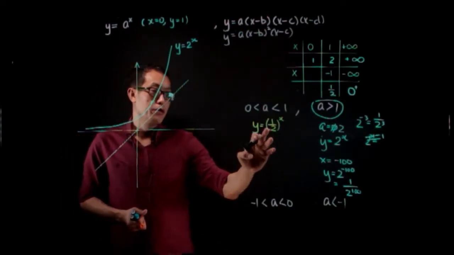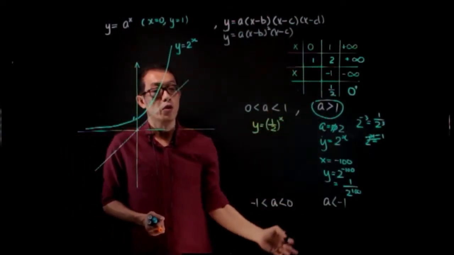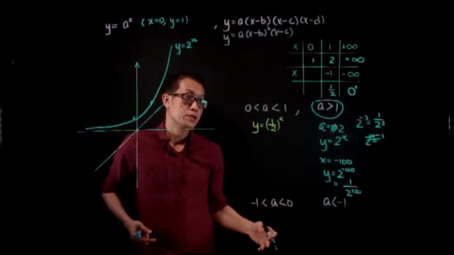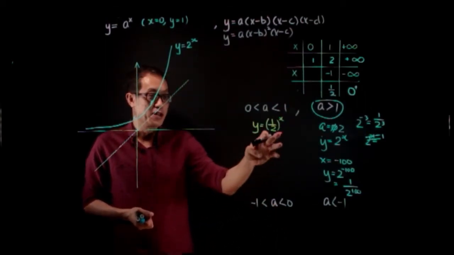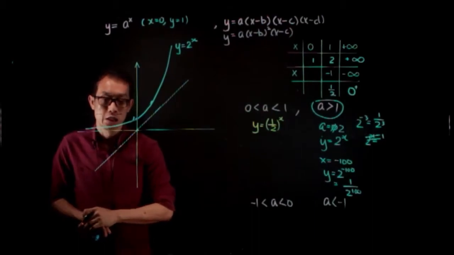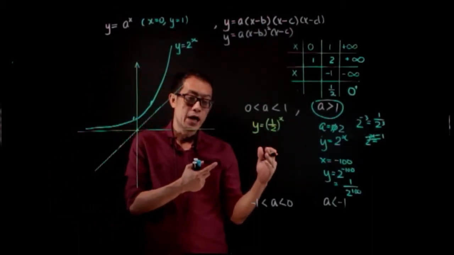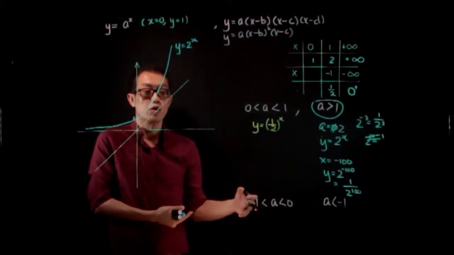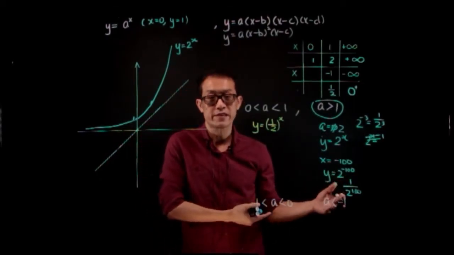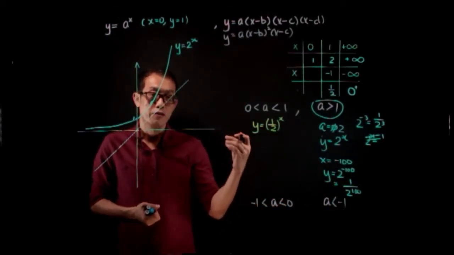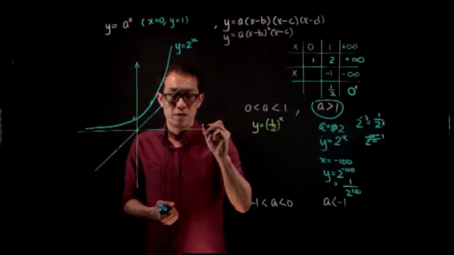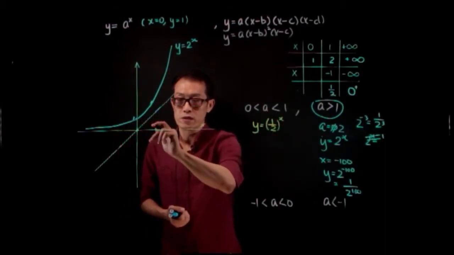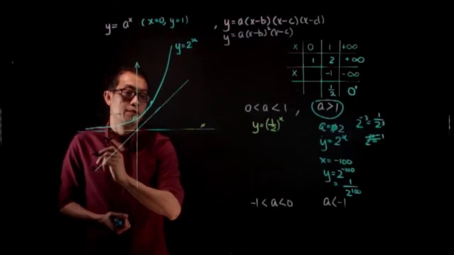I will not construct the table because you can do it on your own, but just try to imagine. If x is very large, what will happen? Your y will be very close to 0 but positive. Take for example half to the power of 10. You get half times half times half, 10 times, so the number is very small but positive. And half to the power of 0 is still 1.